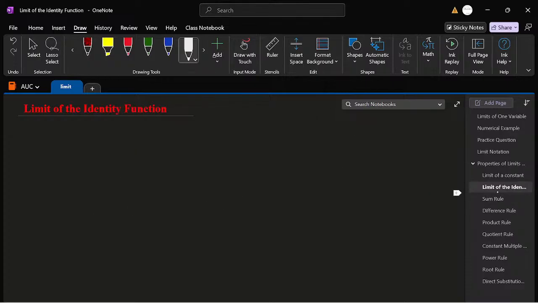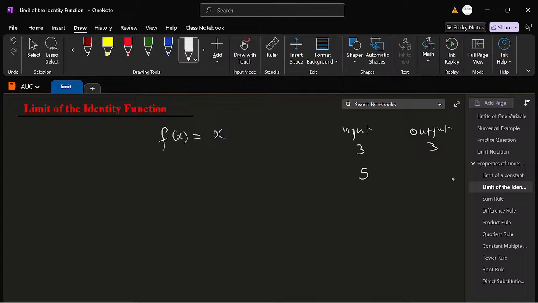So let's look into another property. This will be the limit of the identity. So it means f of x is equal to x, that is, the output will always be the input. If the input is, let's say 3, okay, the output will also be 3.